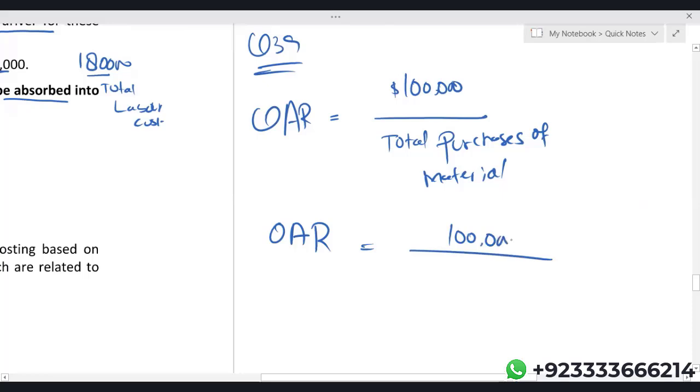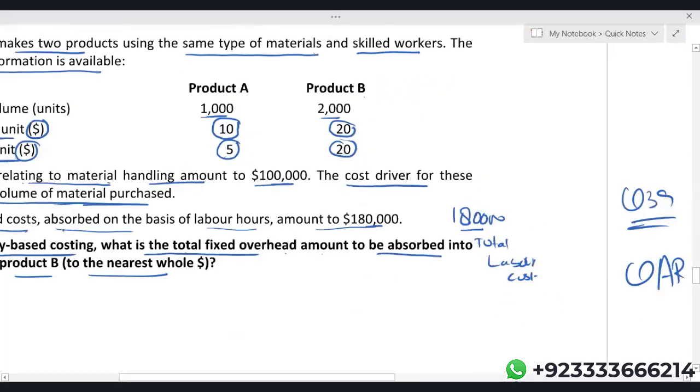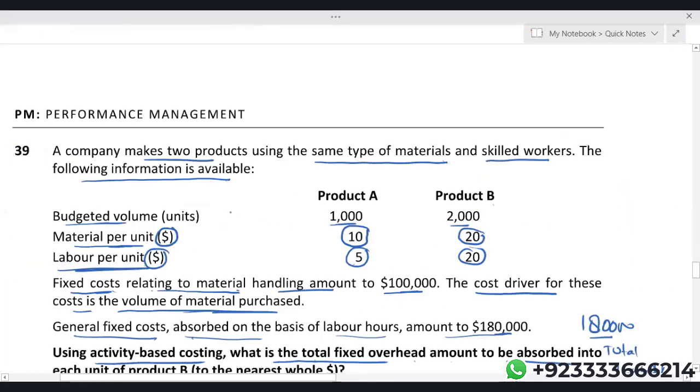$100,000 divided by total purchases of material. So 1,000 units of product A multiplied by $10 means $10,000 of material purchase according to the budget. 2,000 into 20 is 40,000.